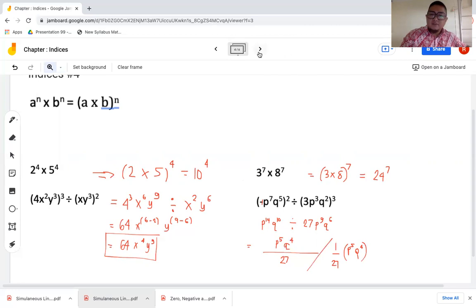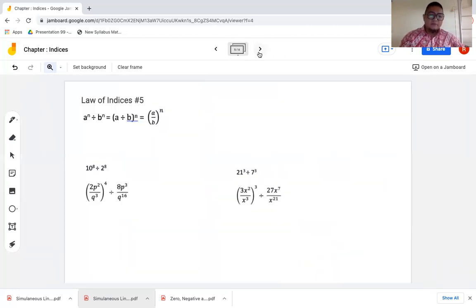Okay, let's move on to the last law of indices. In this case, you will have this division process wherein it states that when you are dividing different bases that have the same exponent, then you can express them as A divided by B bracket raised to n, or A over B raised to n.